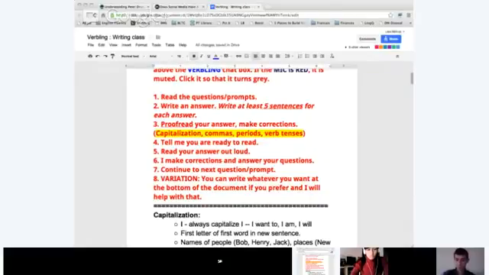And every teacher gets to choose what class they want to teach. So we have speaking classes, listening classes, writing classes, reading classes, vocabulary, grammar, various types of classes all throughout the day and the night.